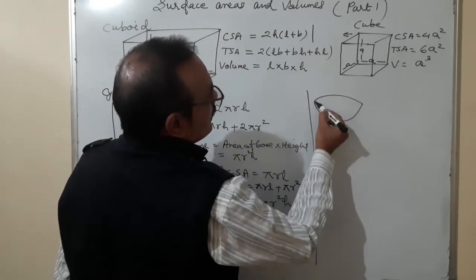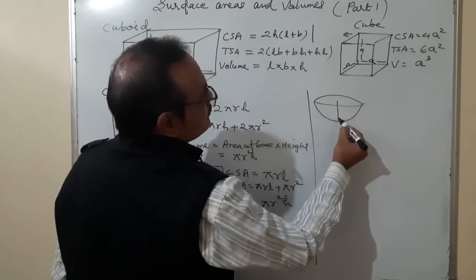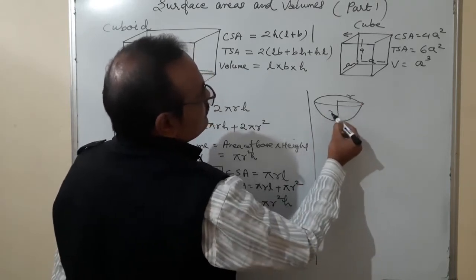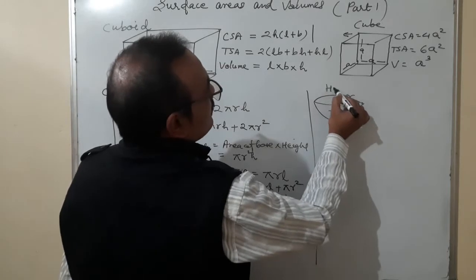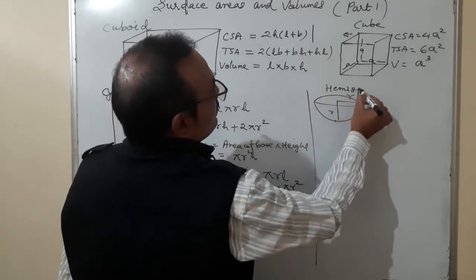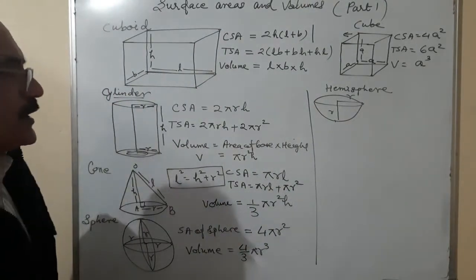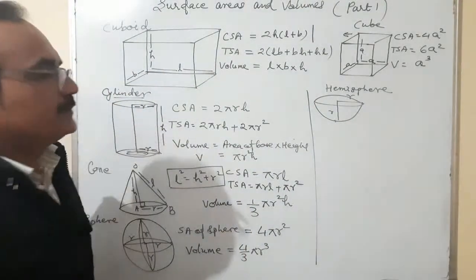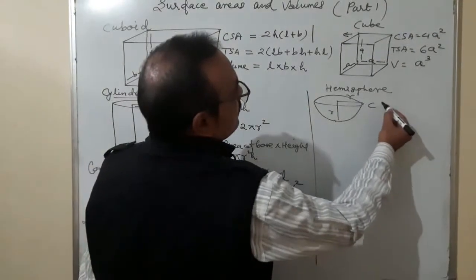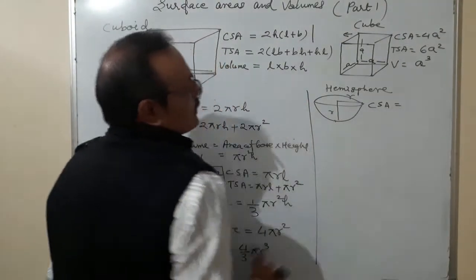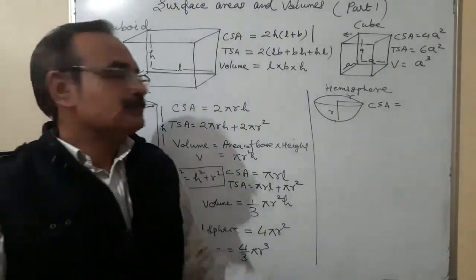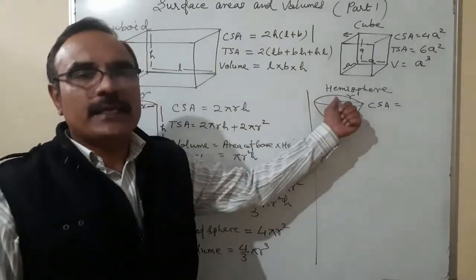This is a hemisphere. In a hemisphere, three things are there: CSA, TSA and volume. CSA, you will remember like that. Upside there's an area of a circle.